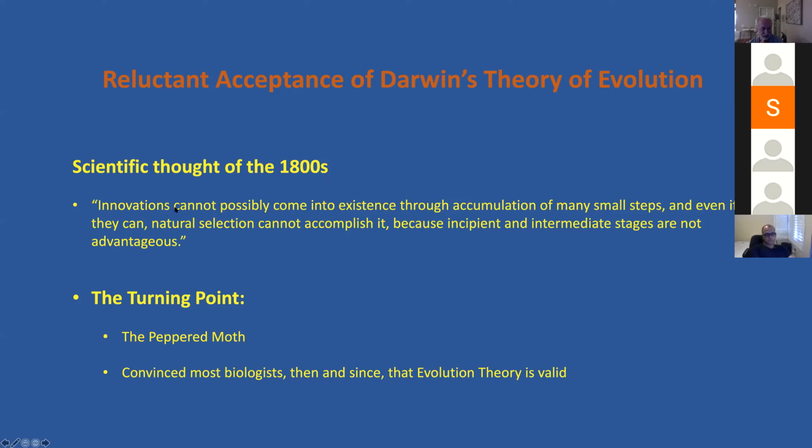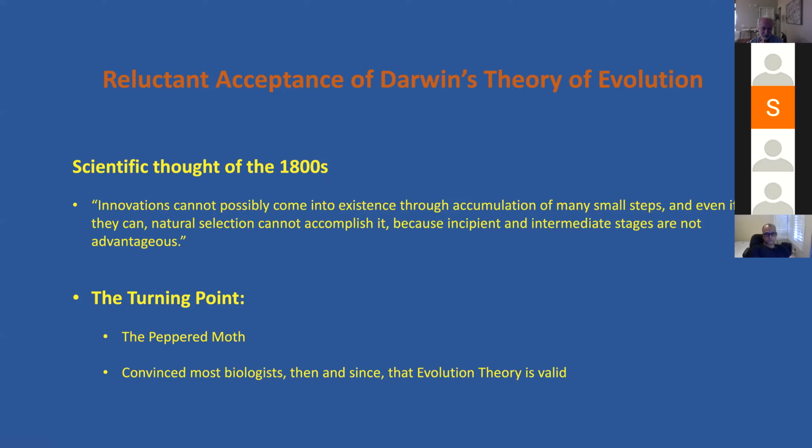The quote is, "Innovations cannot possibly come into existence through accumulation of many small steps. And even if they can, natural selection can't accomplish it because incipient and intermediate stages are not advantageous." Now, that was the contemporary thinking in the time of Darwin.